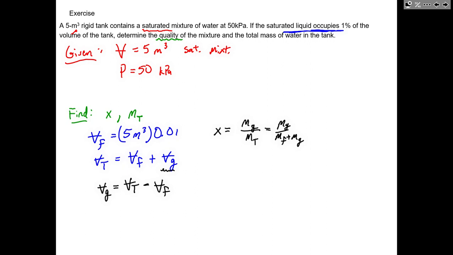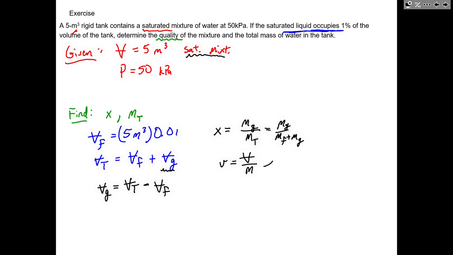And some other notes here. So I know that if I'm going to go back to my tables, look in the back of my book at those tables, one of the properties that I'm going to find is specific volume. So remember that specific volume is my volume over my mass.